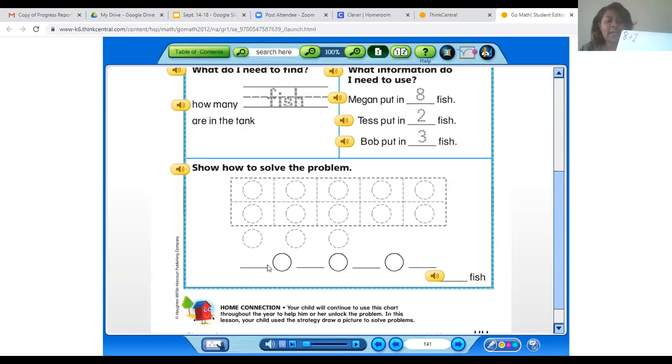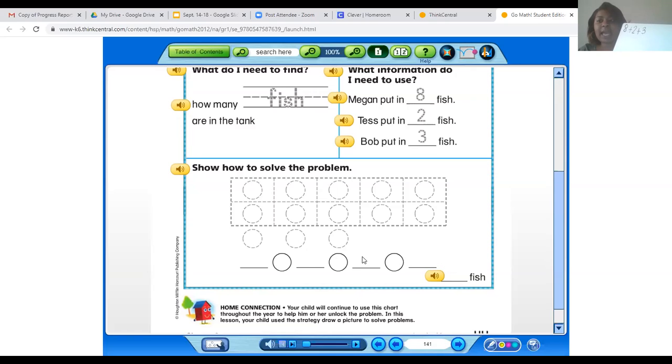Okay, so 8 plus 2, and we're adding again. We have another number that we're adding. So we need to put another plus sign. Plus, how many did Bob put in? 3.